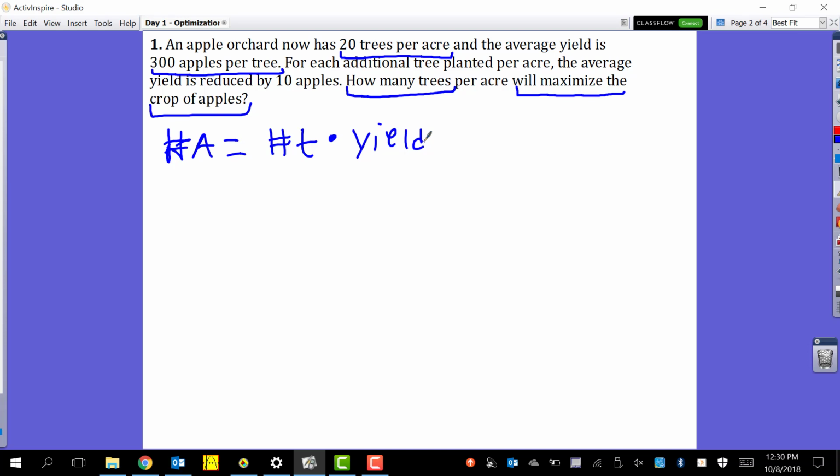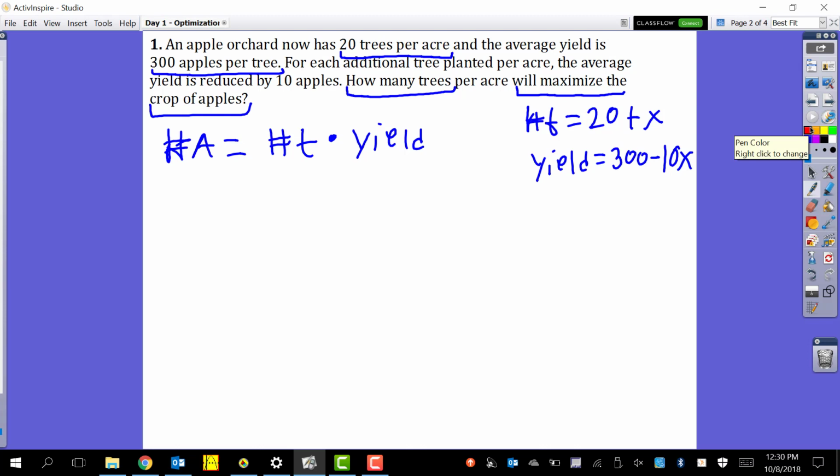So we need an equation for the number of trees. So number of trees, we're starting with 20 and we're adding some number of trees. And then for the yield, we need an equation as well. So it starts at 300, but for every tree we add, we're going to lose 10 apples per tree. So there's our yield equation. Now we can finally make the equation for apples.